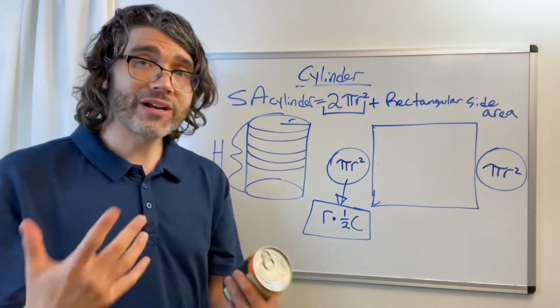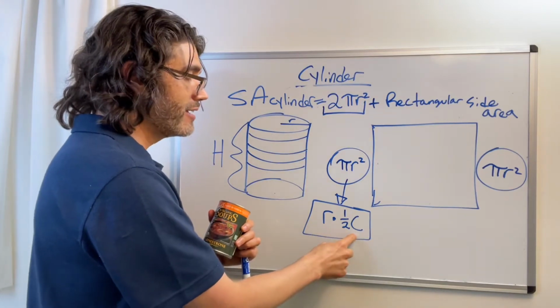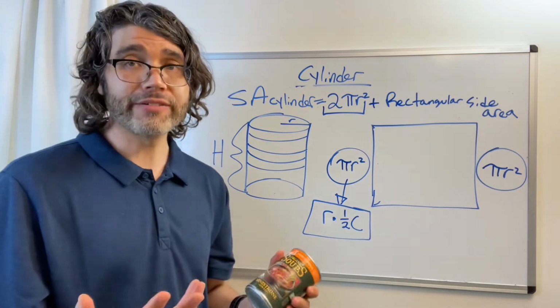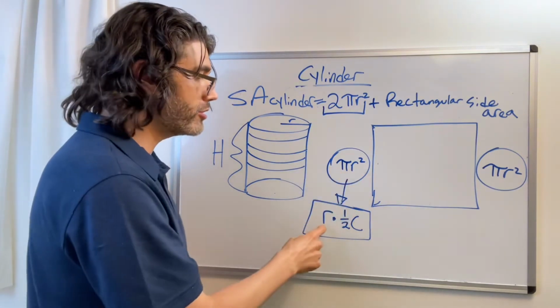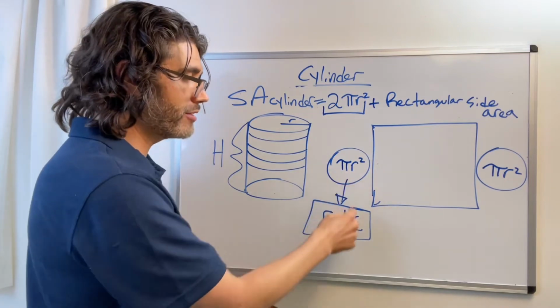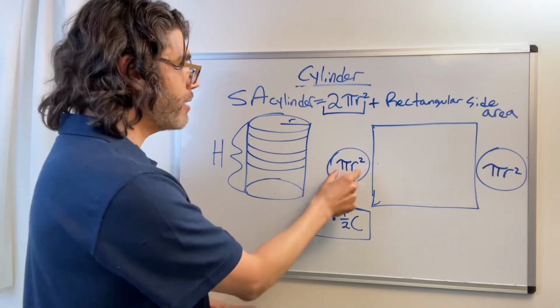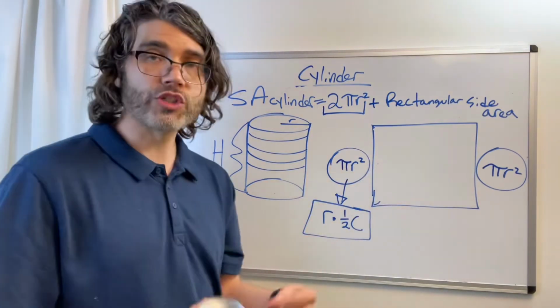By the way, if you want to think of it as r times 1/2 c, that references an earlier video on how to come up with the area of a circle. The area of a circle could be thought of as pi r squared, or also radius times 1/2 the circumference. Either way you want to think about it is awesome. I'll put pi r squared here as a shorthand.